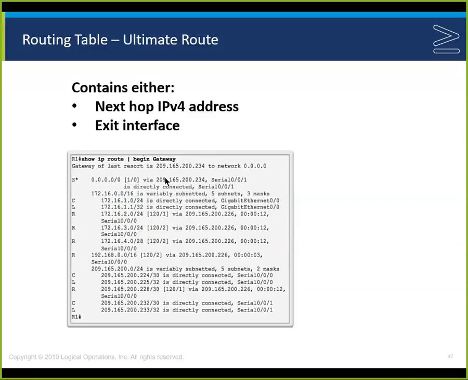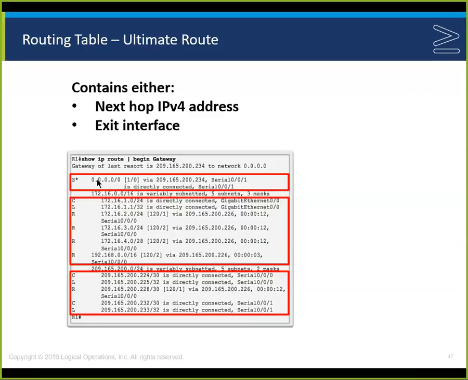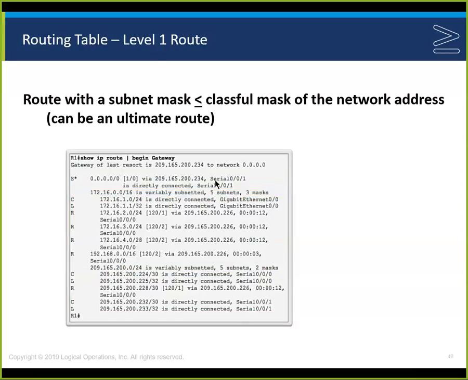We're going to go through a number of different terminologies here. We have the static route, the connected routes and the RIP routes, the different routes that go on here. 5 subnets for this one, and you can look at what goes on with these. A lot of them are variably subnetted.